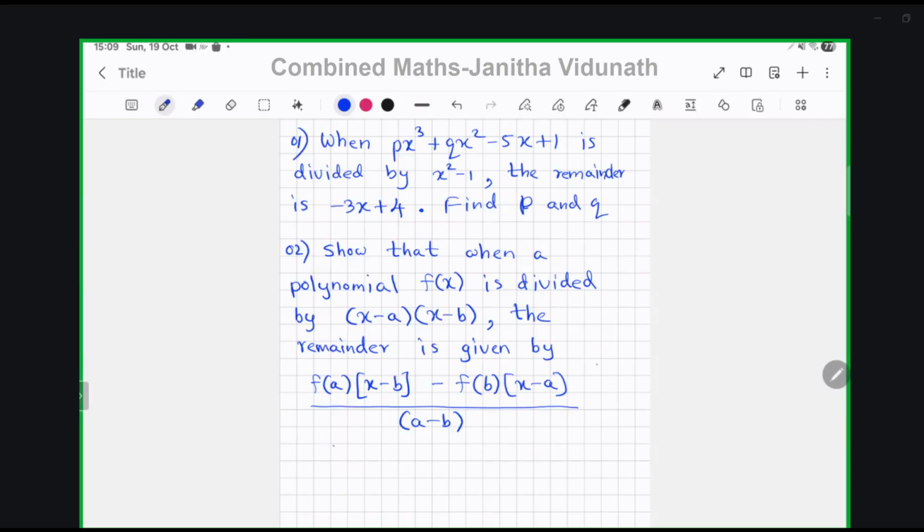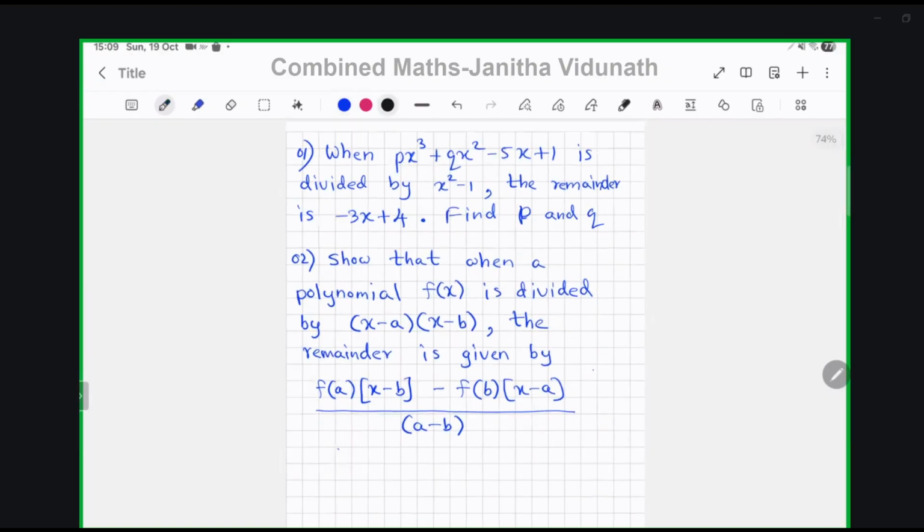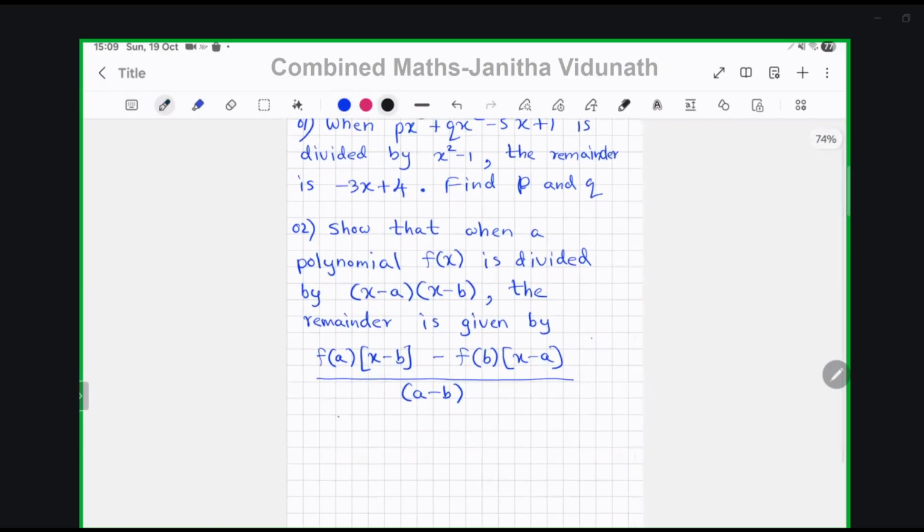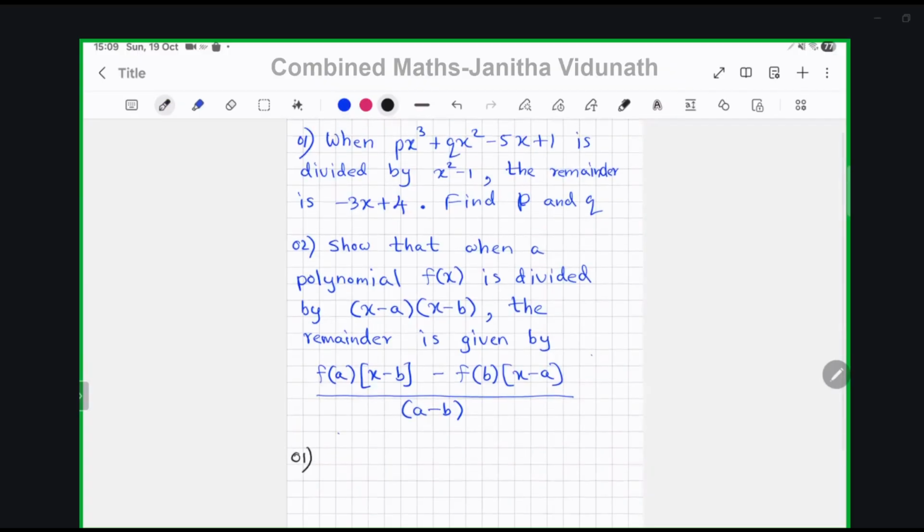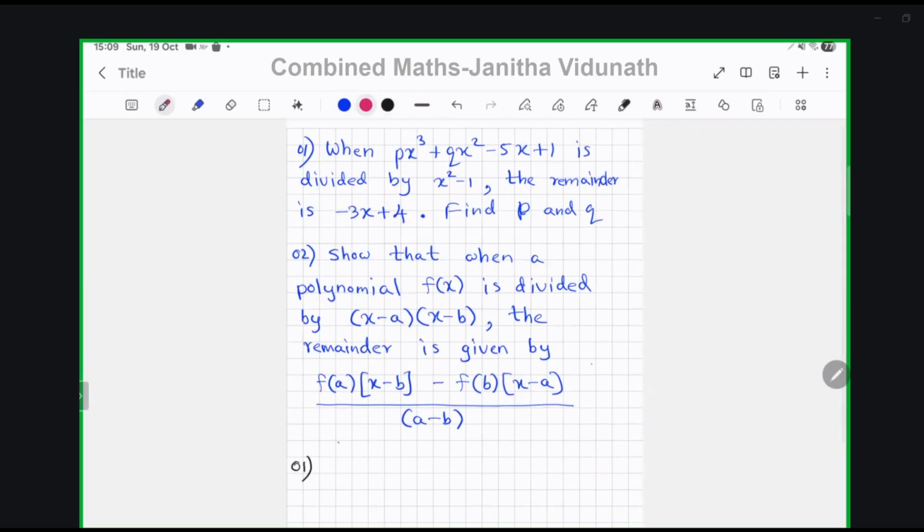First, I will solve these two questions from the last day. This question: they mention that px cube plus qx square minus 5x plus 1 is divided by x square minus 1.